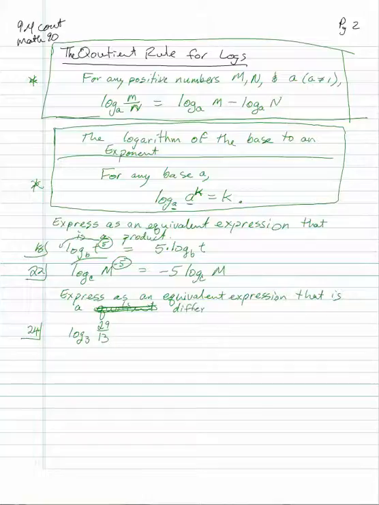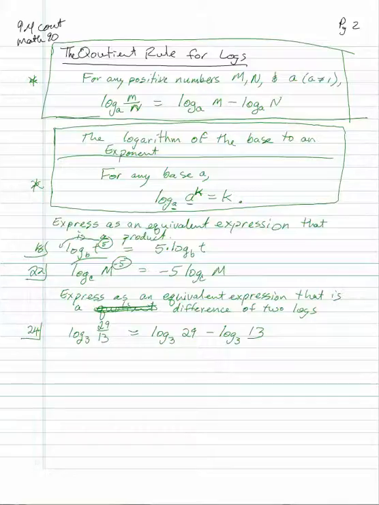So now we're going the other direction and doing it with the quotient rule. So this is going to be log base 3 of 29 minus log base 3 of 13. Okay, and that's all we wanted to do there.